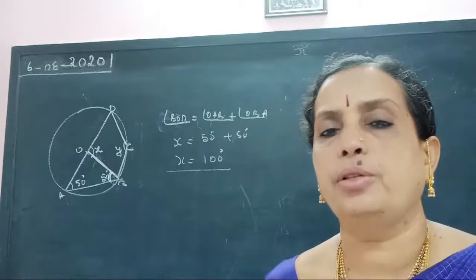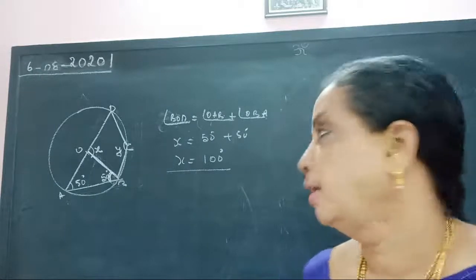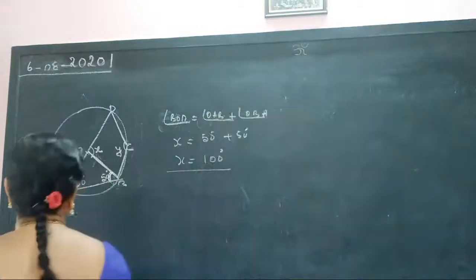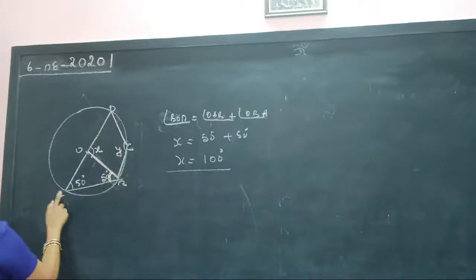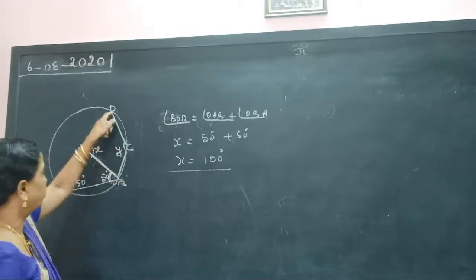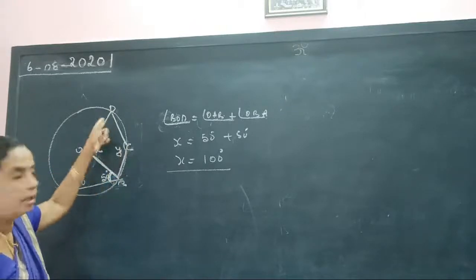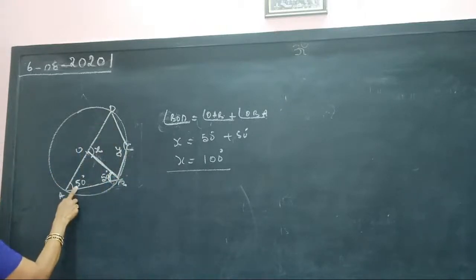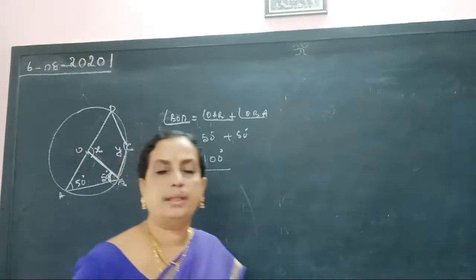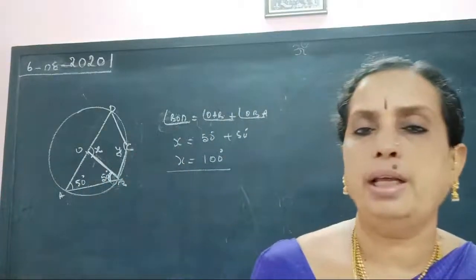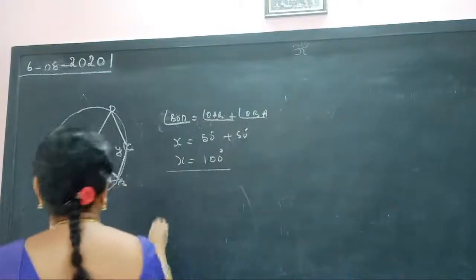Y is equal to 130 degrees. I think some of them considered this a cyclic quadrilateral, but this is not one. ABCD is a cyclic quadrilateral. All 4 points lie on the circumference, right? Therefore, 180 minus 50, Y is 130 degrees. Clear?